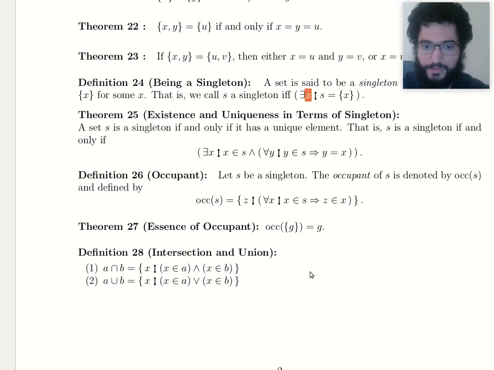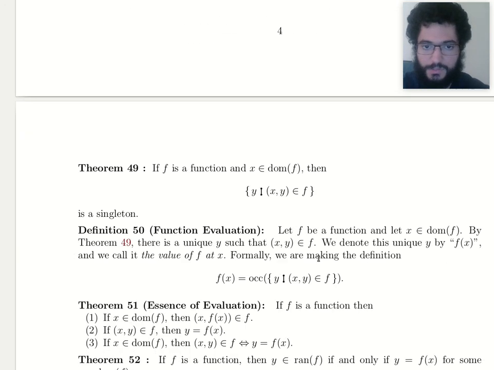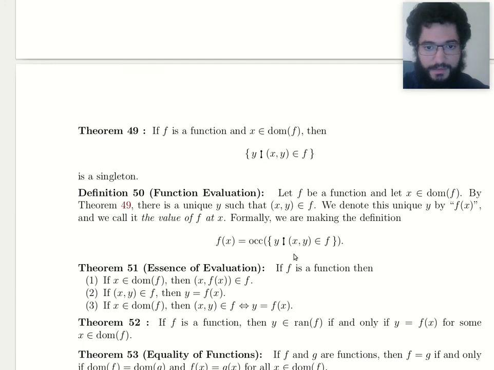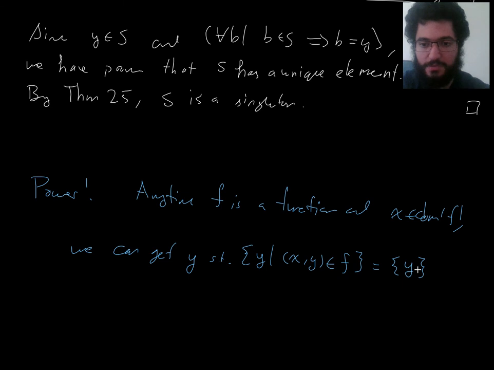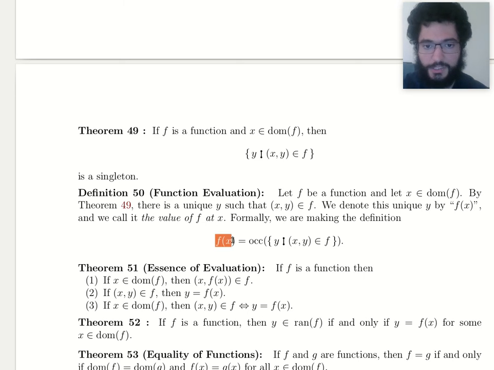That is what we refer to as f of x. F of x is the unique y that gets associated to the input x. So this theorem enables that. Okay, so we'll start next time with the definition of f of x.